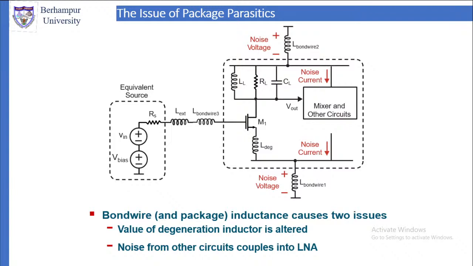These are called bond wires. So bond wire inductances cause two issues. The value of the degeneration inductor is altered because of these additional inductances due to bond wires. And noise from other circuits is coupled to the low noise amplifier.